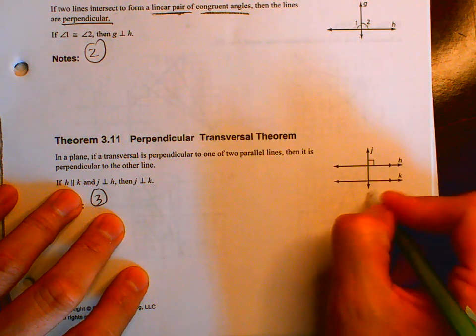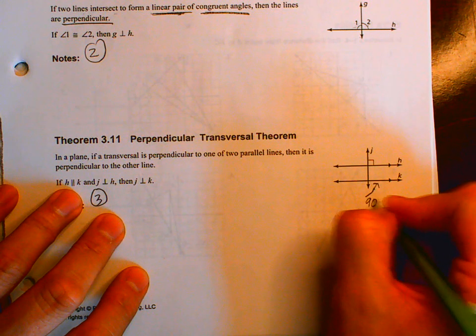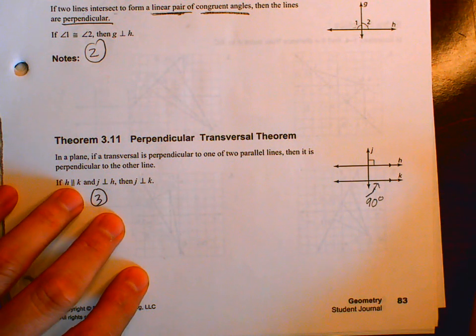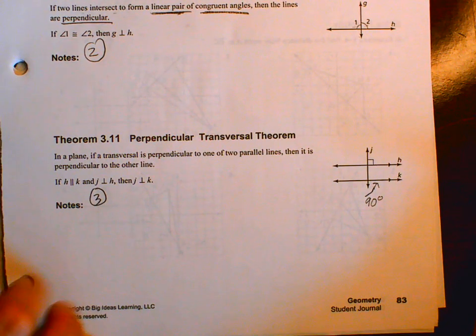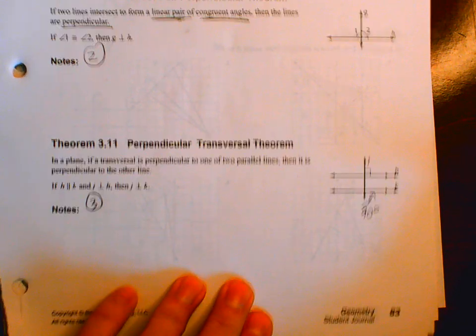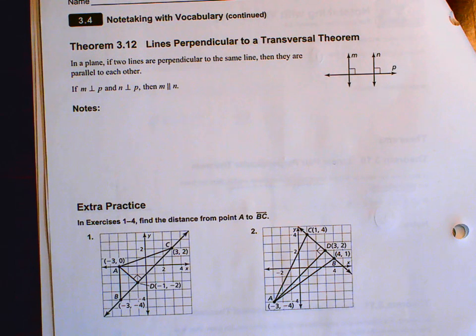So it will imply that that angle is also going to be a right angle. And it's a very, very easy way to prove it if they were to ask us to do that. So that is where example 3 is going to go. Now turn to page 84 and let's look at this next one.